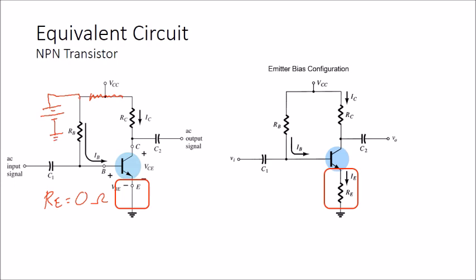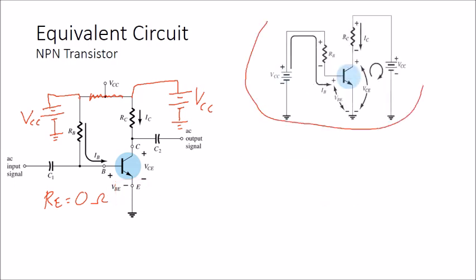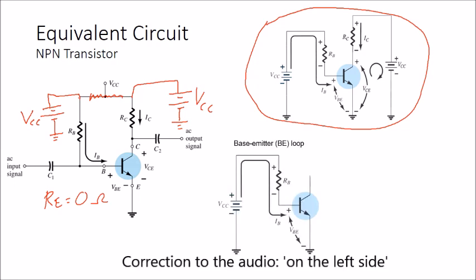Let's label this one as VCC, and from here we connect to another VCC, positive and negative terminals, and then connect to the ground. The value is the same VCC. This is the full equivalent circuit for fixed bias configurations.